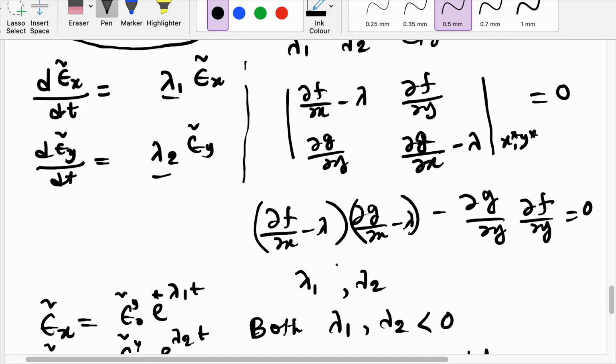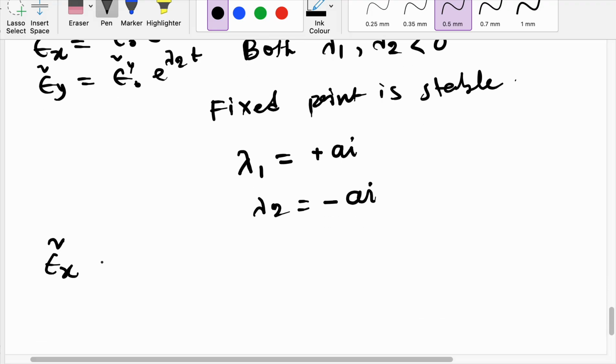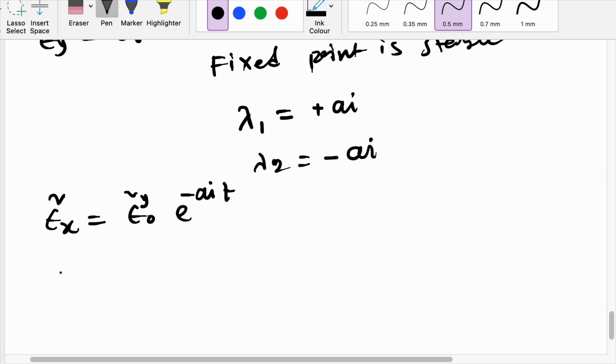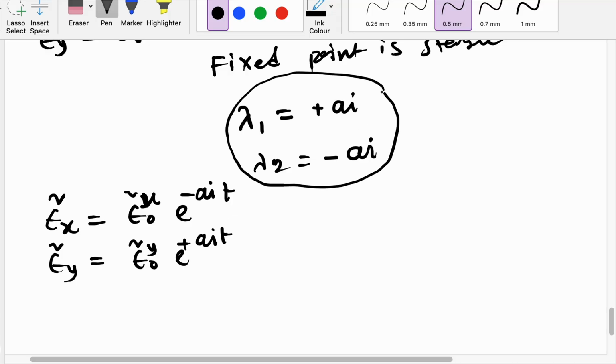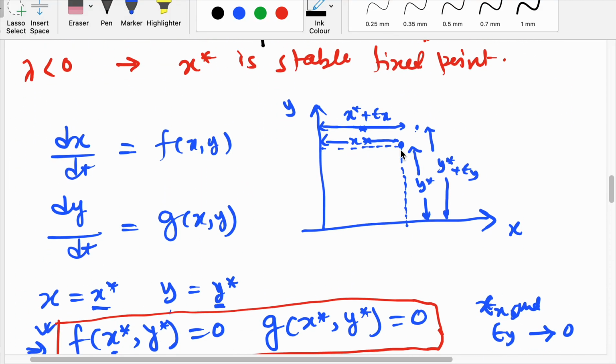So lambda 1 and lambda 2 are both pure imaginary, then your equation will become epsilon x tilde equals epsilon 0 tilde y e to the power minus ai t, and epsilon y tilde equals e to the power 0 y tilde e to the power plus ait. Now if this becomes purely imaginary, you will say that my system is oscillating about the fixed point.